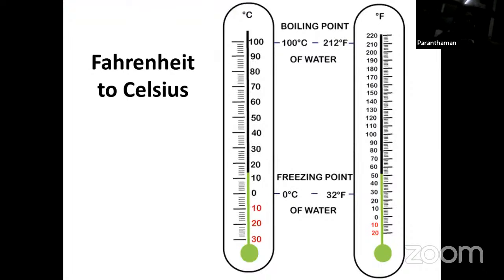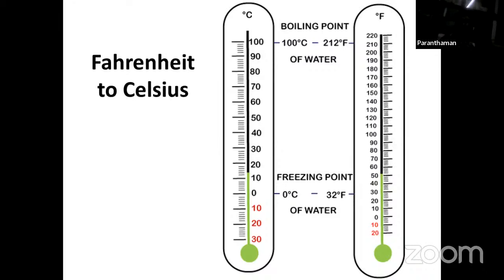Fahrenheit to Celsius conversion. Actually, when Fahrenheit designed the temperature measurement, he took the freezing temperature of water as 32 degrees Fahrenheit and the boiling water as 212 degrees Fahrenheit.